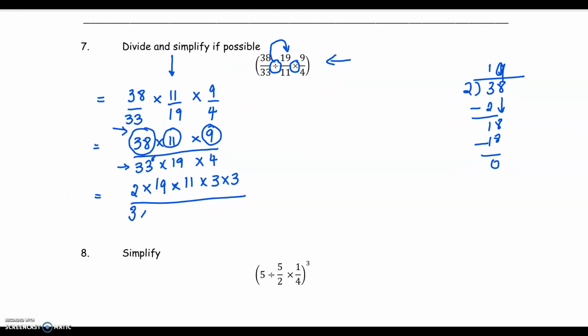So we have 3 times 11 times 19 times 2 times 2. So the 19 over 19 is a 1, 11 over 11 is a 1, a 2 over 2 is a 1, and a 3 over 3 is a 1. And that leaves behind only 2 numbers, one in the numerator and one in the denominator.